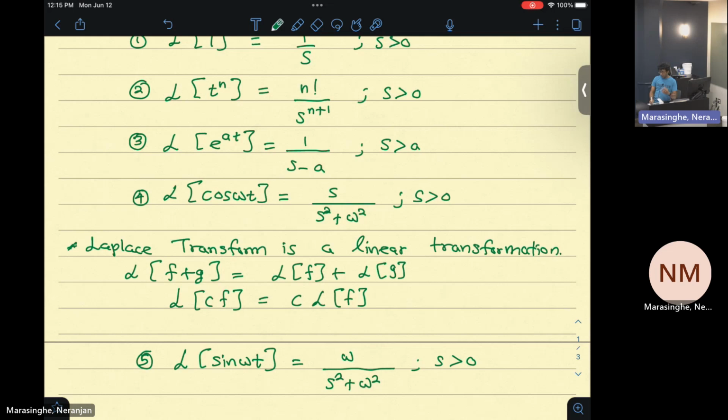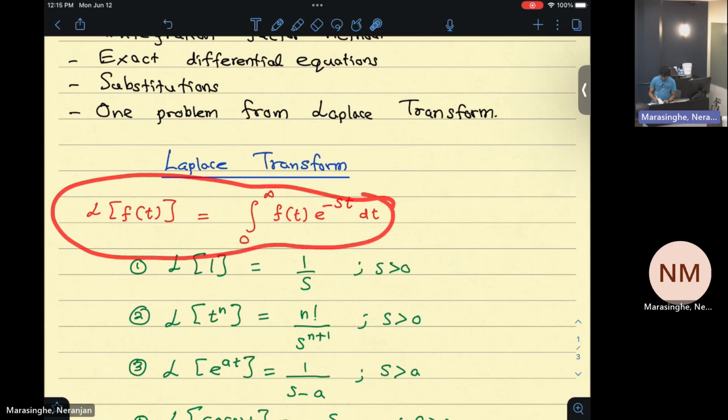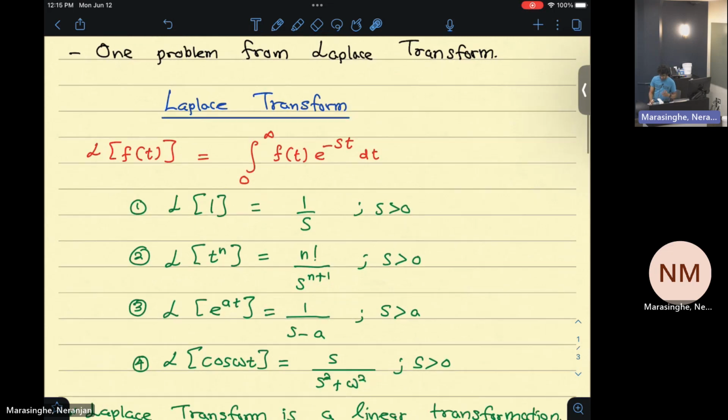So it is clear from this definition that we do not care about negative t's. The function need not be defined for negative values. But the function should be well defined on positive times.